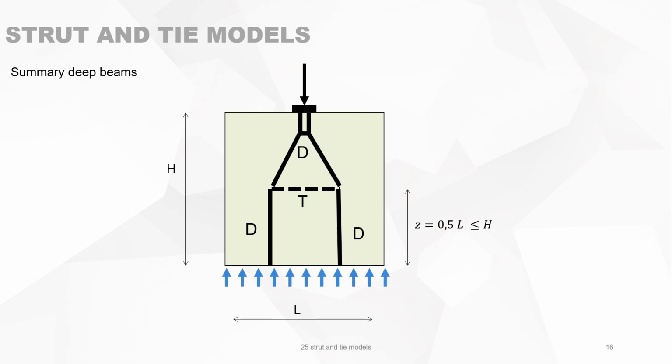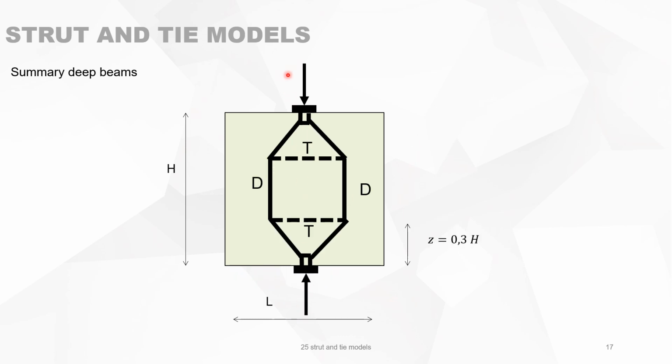So 0.6 L. The second case is when there is no point support but a continuous support, and you have one load that is brought back to the continuous support, then you have this type of strut and tie model with the tie at a level of 0.5 L. And then the third situation is when you have 2 loads diametrical to each other, then you have the situation where the tie is situated at 0.3 h.